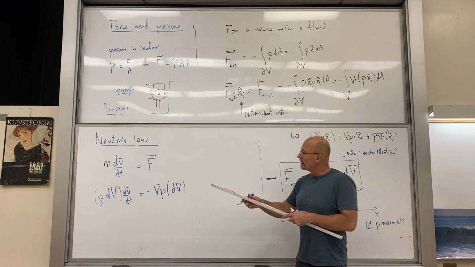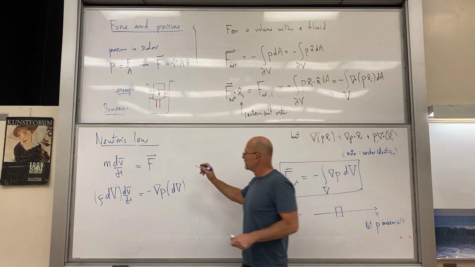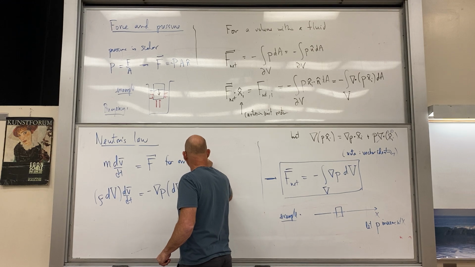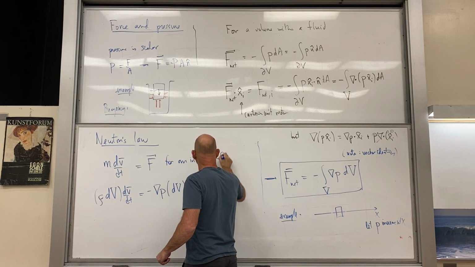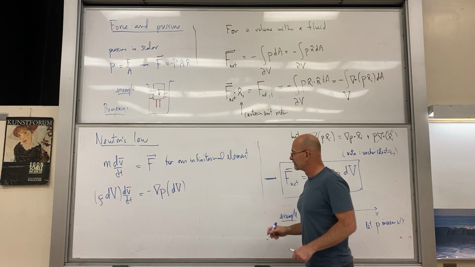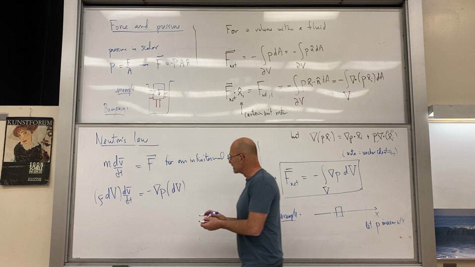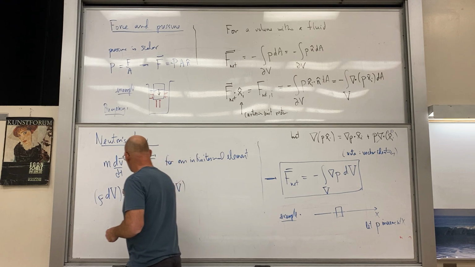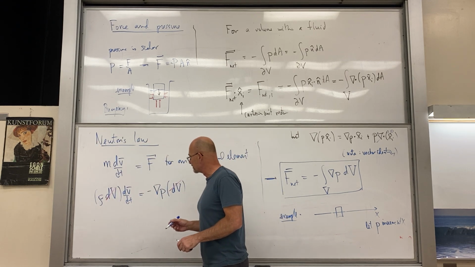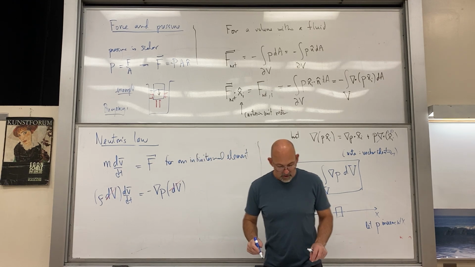So this is when we go to an infinitesimal, so let's write this for an infinitesimal element. Okay. Because then the dV's will cancel here. And we'll have Newton's law. I think I'll divide by rho.